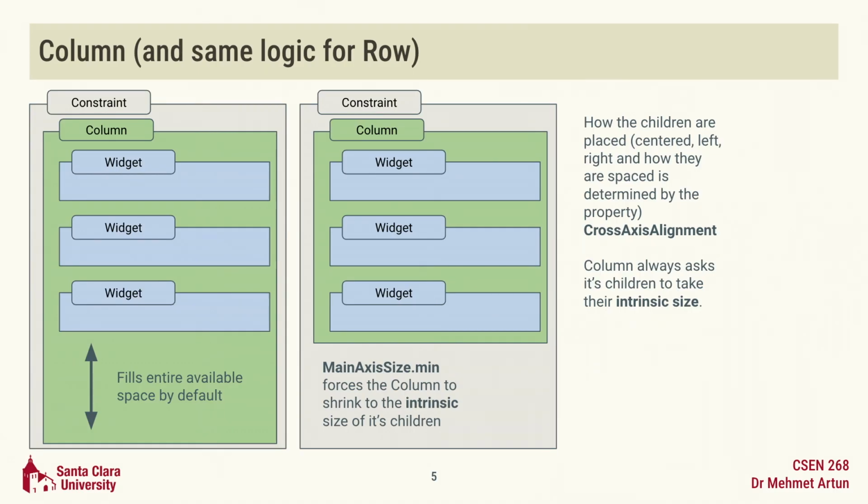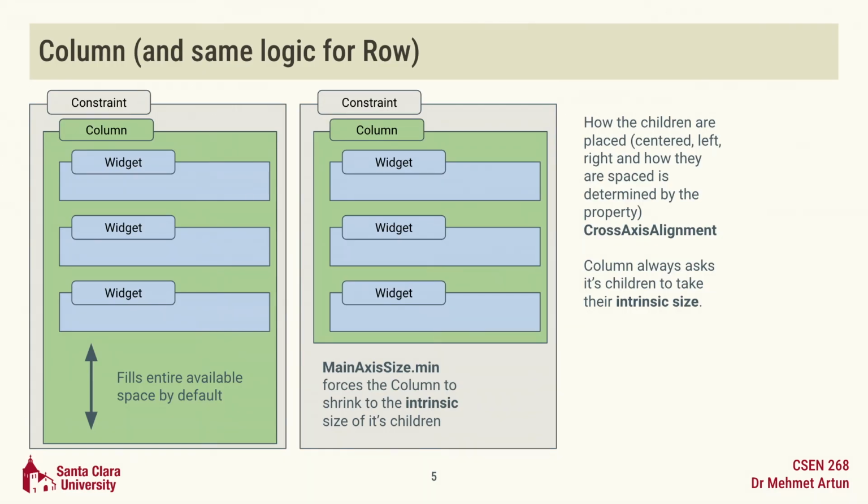Whatever constraint it is, the column knows I have these constraints. Within those constraints, a column by itself is going to try to fill that area in the main axis direction as much as possible, if you don't say something to it.